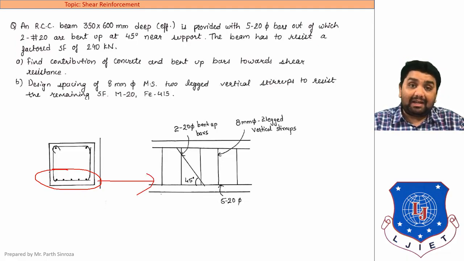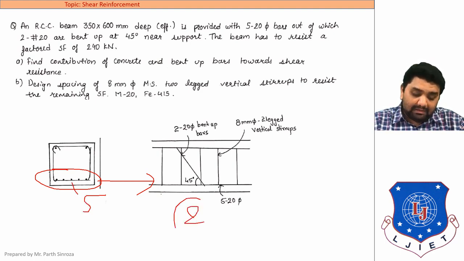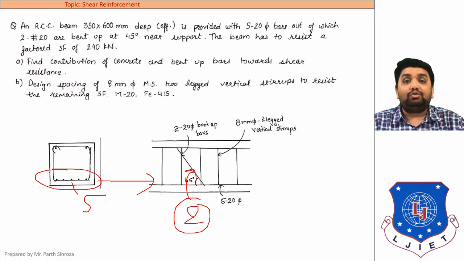So here it is asked in the question that at supports, out of these 5 bars, 2 bars are bent up. That means 2 bars are moving from the tension zone to the compression zone at columns or at supports. 2 numbers of bars out of these 5 are moving from the tension zone towards the compression zone at an angle of 45 degrees.